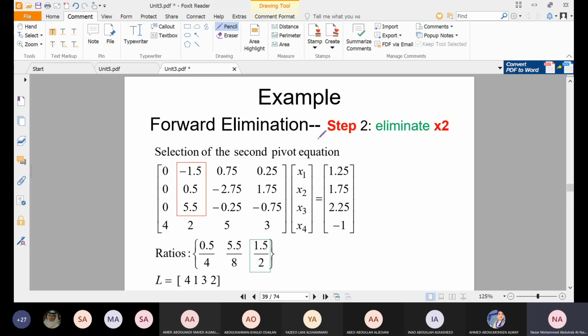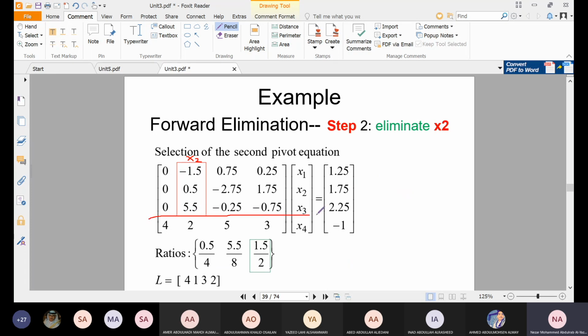So the next step, step number 2 of forward elimination, we eliminate x2. Because we eliminate x2, here also we need to look for the ratios. The same thing we did before, but now we look at the second column.